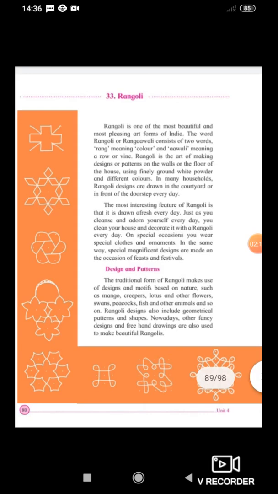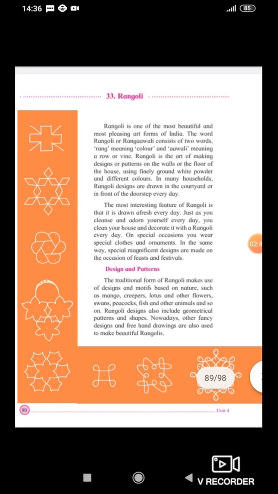Rangoli is an expression of warm hospitality which occupies a special place in the festival of Deepavali or Diwali. As I've told you earlier, Rangoli is an expression of welcome, and it is drawn in most Indian houses.